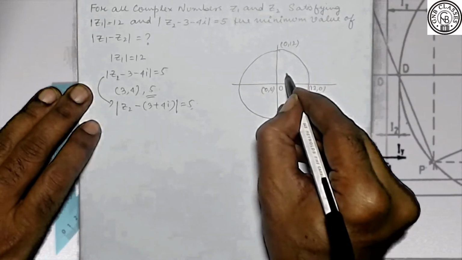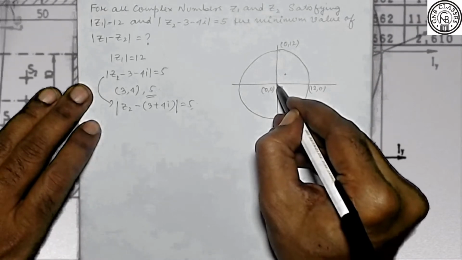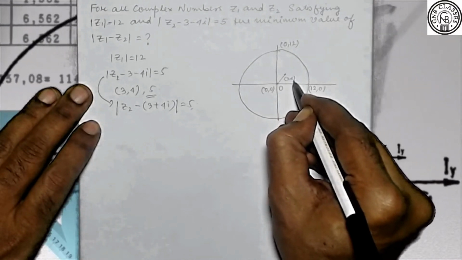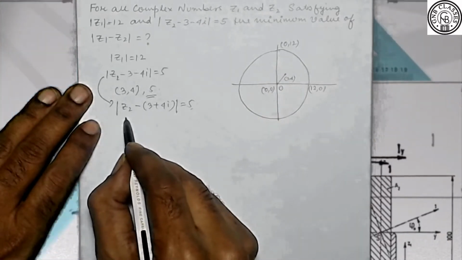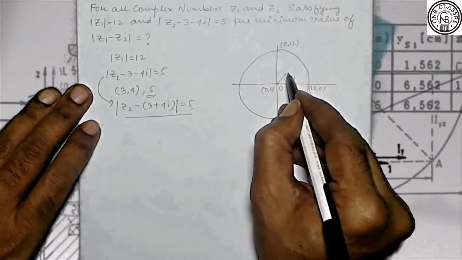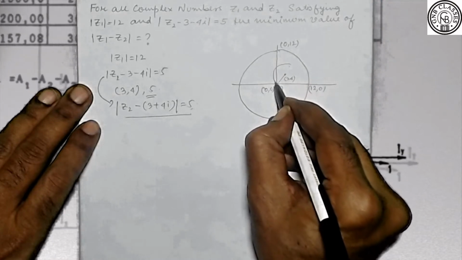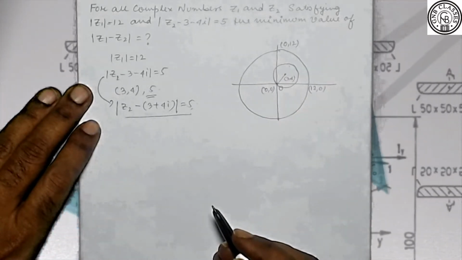So 3, 4 will be somewhere here. Now, what is the distance from the origin to the point 3, 4? Can you tell me? The distance will be 5 units. Hence, this circle is passing through the origin. Therefore, the circle will look something like this. Is it clear?